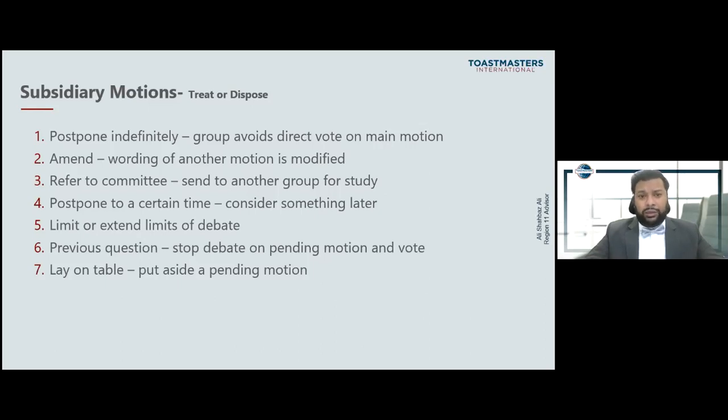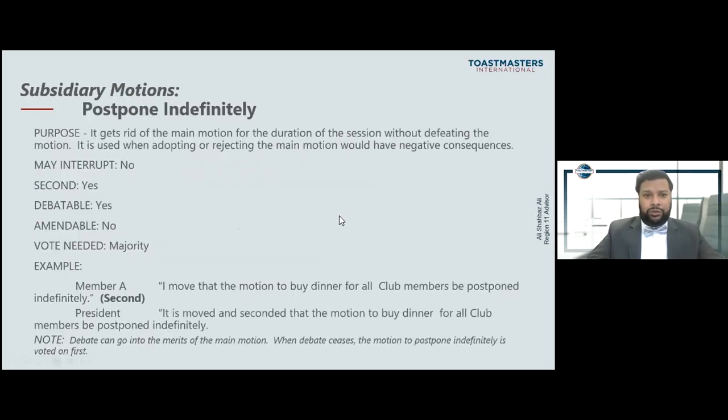Now again, an explanation is given for each motion on the side, and we will discuss every motion. We will at least try to cover 2 motions, or if time permits, 3 motions in every series. So we get started with the first one, which is postpone indefinitely. What does this mean?